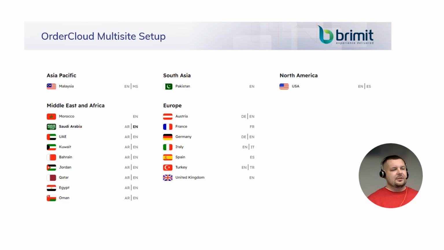Everything is configured in OrderCloud to support all these requirements. In my presentation, I will not focus on how localization is implemented, but on the multi-site and multi-currency stuff, because localization is a separate topic and needs a separate presentation.